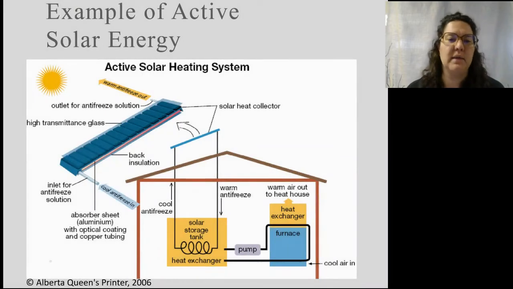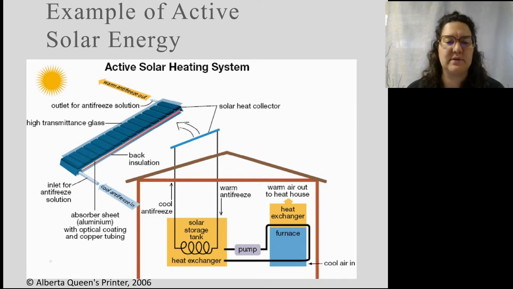Active solar heating is when we have a pump and a heat exchanger that's going to take solar energy that we've turned into heat and circulate it throughout our house. So we're going to have a pump that's going to pump antifreeze up to the roof where it can sit in the sun. So you want a south-facing side of the roof, to absorb thermal energy from the sun's energy.